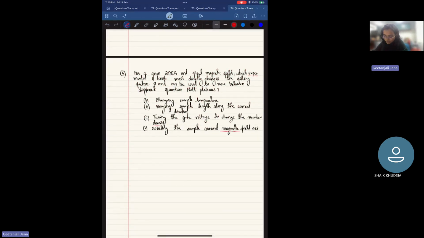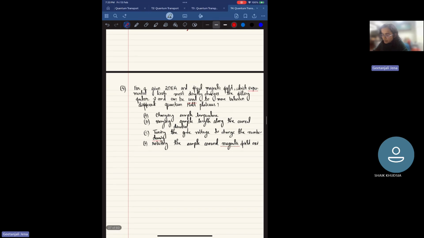Okay, next question. For a given two-dimensional electron gas and fixed magnetic field, which experimental knob most directly changes the filling factor nu and can be used to move between different quantum Hall plateaus?